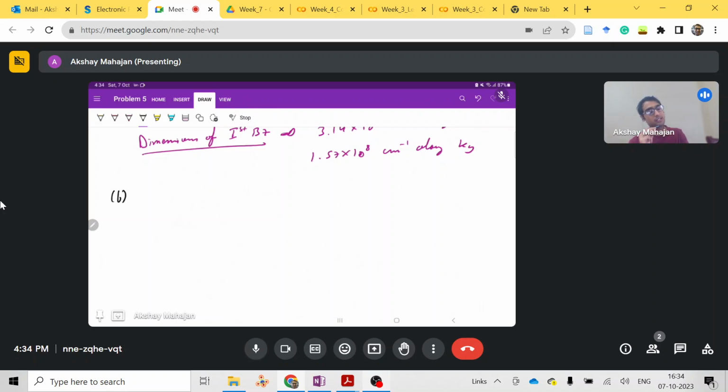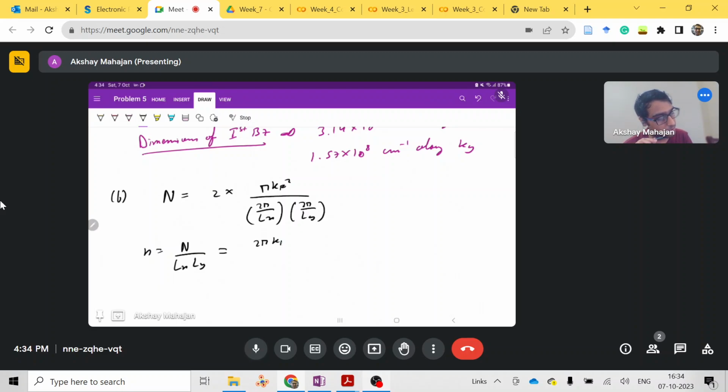Alright, so for the Fermi sphere we know that first we need to find the total number of electrons. Just a quick revision. So this comes as pi times kf square divided by 2 pi by lx times 2 pi by ly, since we have a rectangular lattice, and the total number of electrons per unit area will be 2 pi kf square divided by 2 pi lx times 2 pi ly times 1 by lx ly.